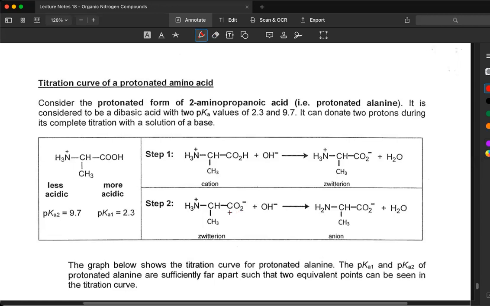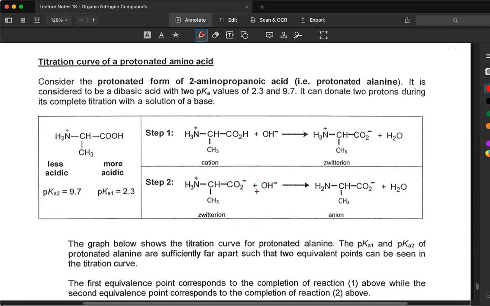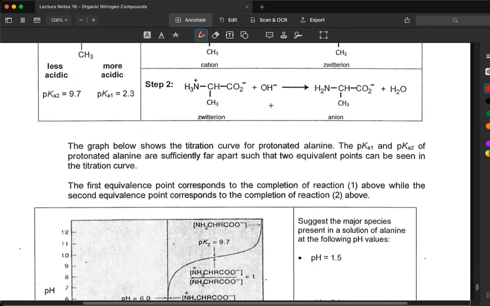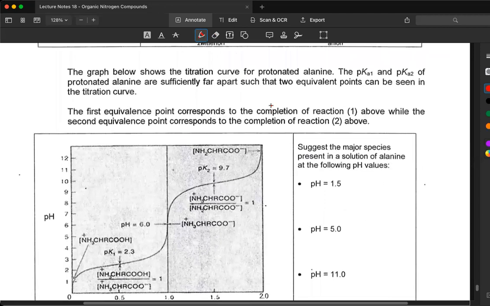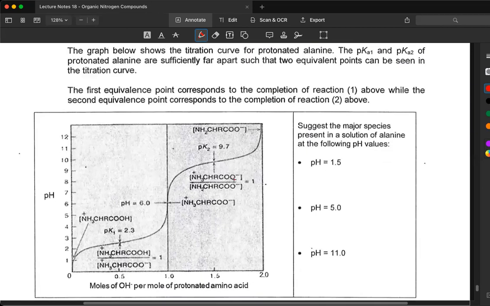Then once the zwitterion forms, it reacts again to remove this H. The graph shows the titration curve for the protonated alanine. The pKa1 and pKa2 are far apart, such that two equivalence points can be seen more obviously. The first equivalence point corresponds to the completion of reaction 1, while the second corresponds to reaction 2.